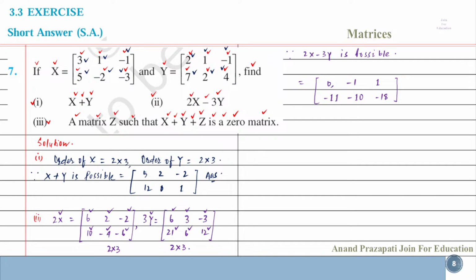So this one will be the answer of the second part. Let's see the solution of third part of this question.